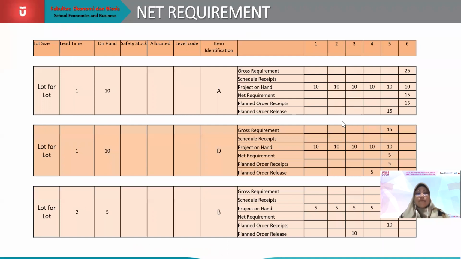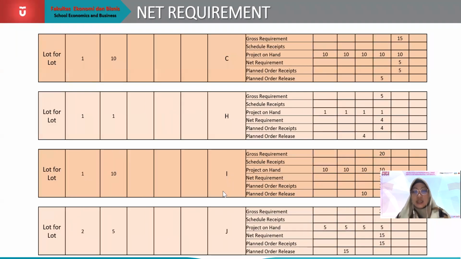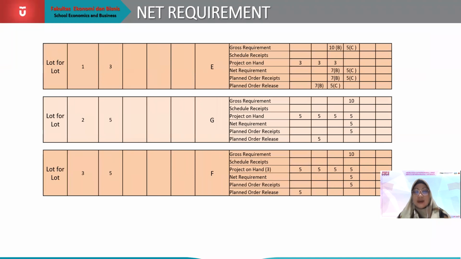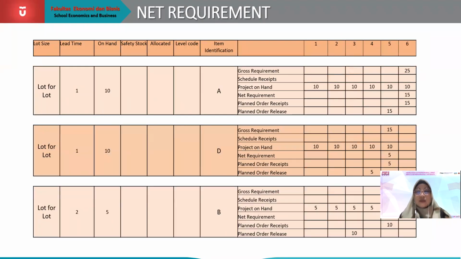Okay, the sequence is still the same as the gross requirement. We still have A, D, B, C, H, I, J, E, G, F. This is the same sequence as the previous one that we used on the gross requirement. And also, you need to put the information about the project on hand. Let's start. Actually, the concept is still the same.